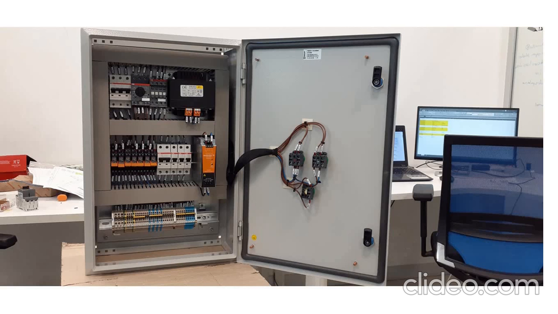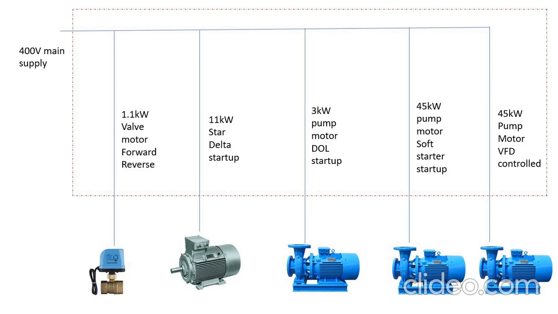All right, so I created a schematic of the connection we're going to be having. As you can see from the top, we have a single bar that is connected to all these electrical motors, and since we have a constant supply to all of them, we can have one feeding bar, and that is a 400 volt main supply.